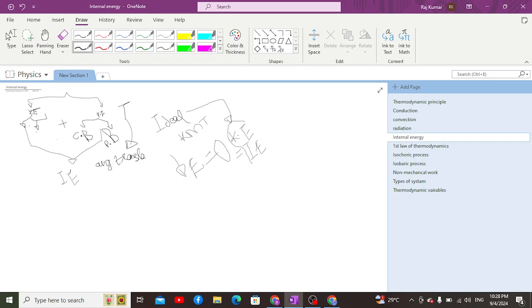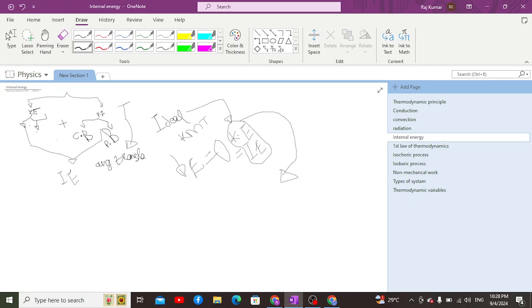Whenever we study thermodynamic processes, as we are considering KMT, we study that on the basis of ideal cases. So whenever we ask what is increasing in a system when the internal energy is increasing, the increase in internal energy is equal to the increase in kinetic energy in a system.